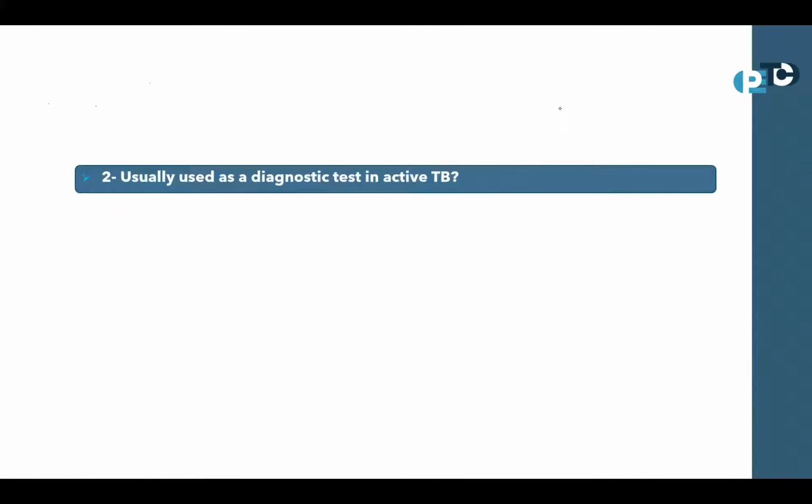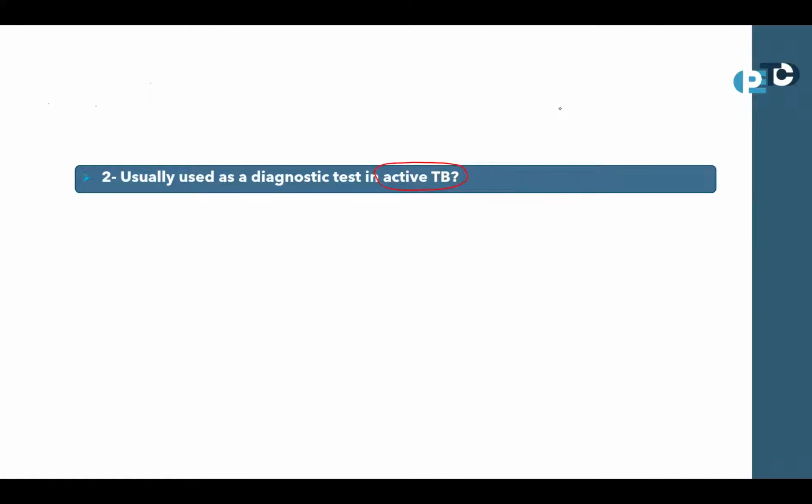The second question, repeated several times in previous exams: usually used as a diagnostic test for active TB. The keyword for this question is active TB. We have several tests to diagnose TB, tuberculosis, including the blood test, the skin test, and the chest X-ray.